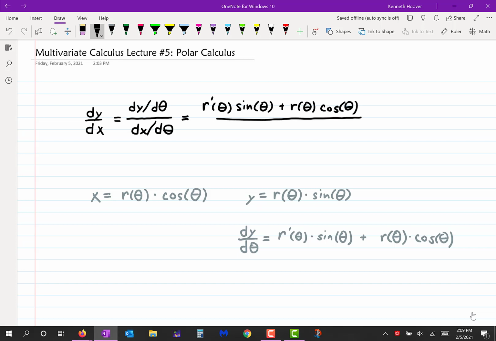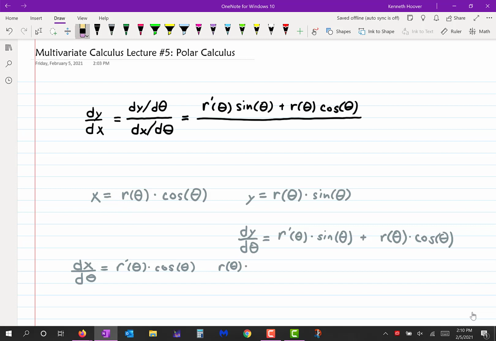And then on the bottom, what do we have? dx d theta. That's going to be r prime theta times cosine theta plus r theta times negative sine theta.